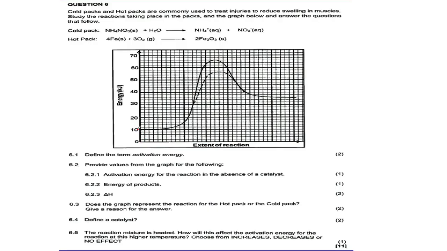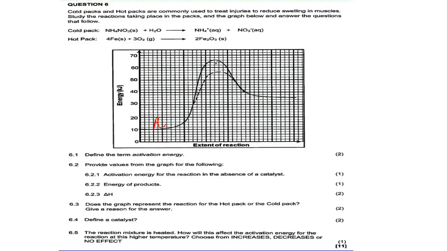So if we are looking for the activation energy, they say give us the value of the activation energy in the absence of a catalyst. We know that the activation energy has to be from the activated complex minus the energy of the reactants here. So this is the reactants. And then look now, what is the value in here? Let's count the blocks.